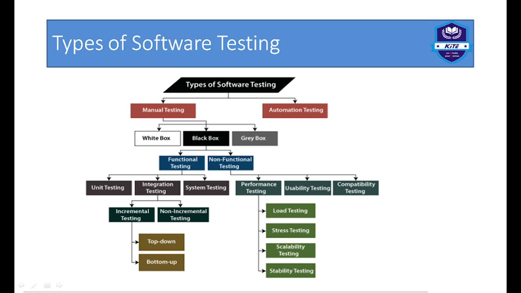The testing performed like this is called usability testing. And compatibility testing means how compatible the software is, since the software is used by different vendors, and how it is compatible to handle such requests from the user is called compatibility testing.